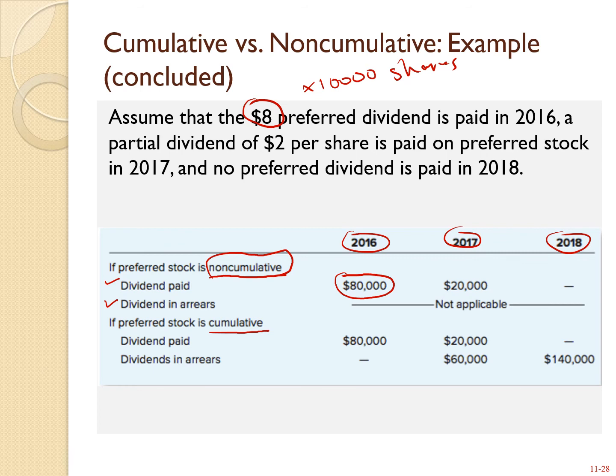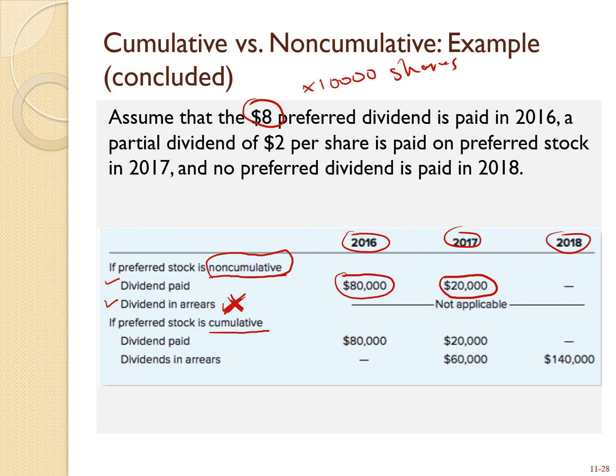In year 2, they paid only $20,000, which is basically $2 out of the 8 per share. In year 3, in 2018, they paid nothing. They are not liable to those shareholders, the preferred shareholders, because it's a non-cumulative stock. So there is no dividends in arrears.